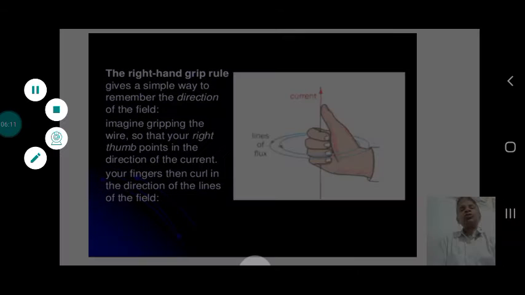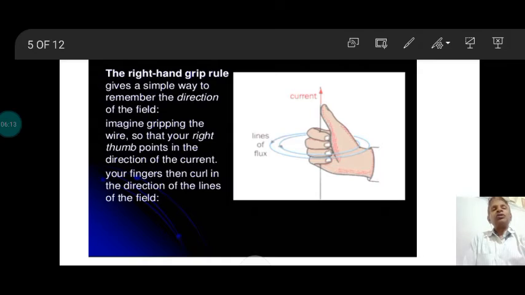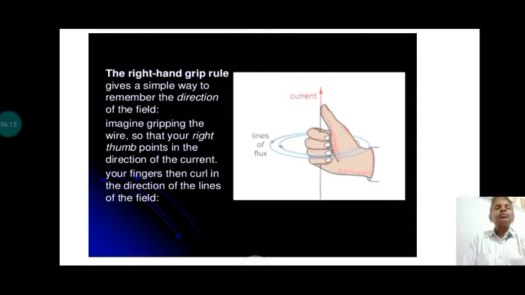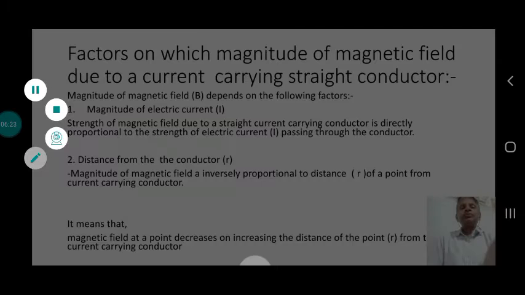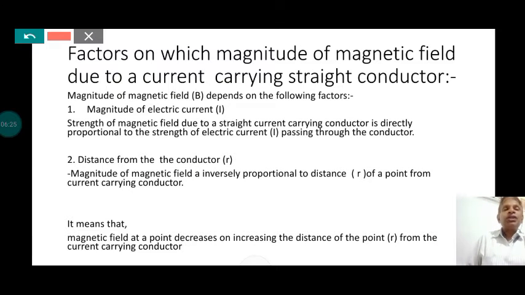In the next slide we are going to discuss the factors on which the magnitude of the magnetic field due to a current carrying conductor depends. The magnitude of the field, whose conventional symbol is dB, depends on the following factors.